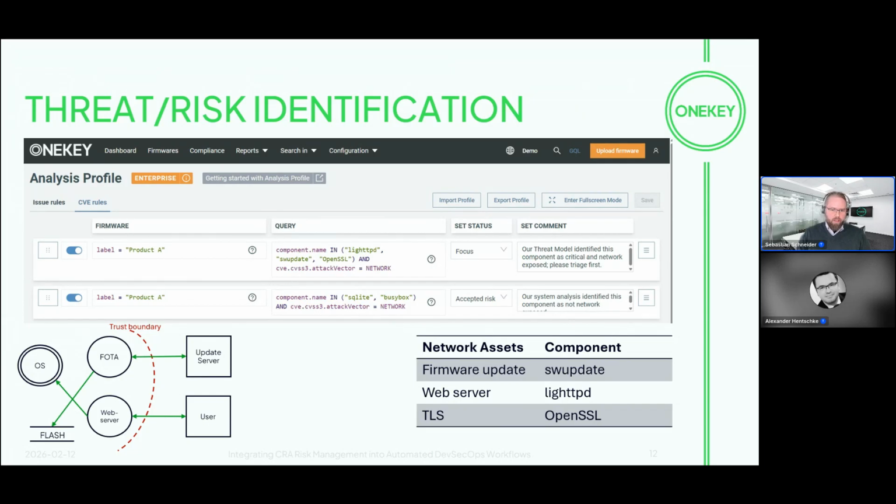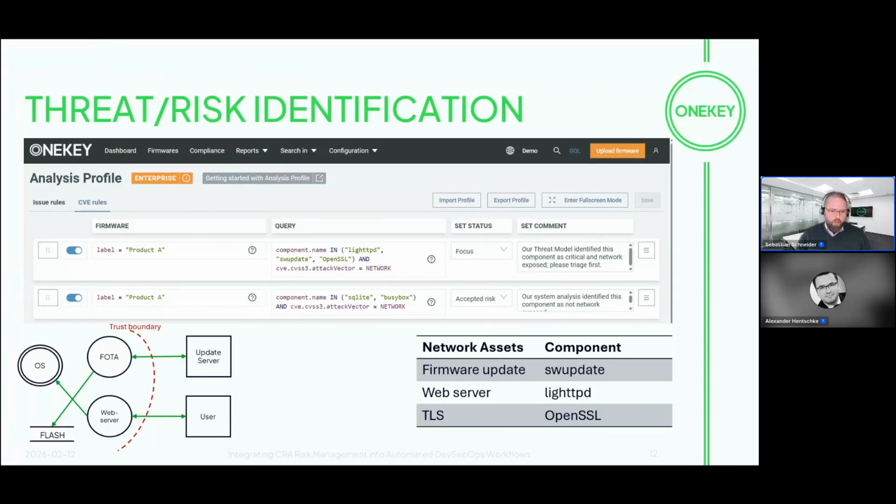At the same time, you might identify components that are not exposed. There is no possible attack path. They're not connected to the network, or there is no other way to reach them from the outside. So, for example, SQLite or BusyBox could be such a component. And here we have an automated rule that says when we have a network-based attack on this component, we simply accept the risk, and we have a comment here that our system analysis identified these components as not network connected.